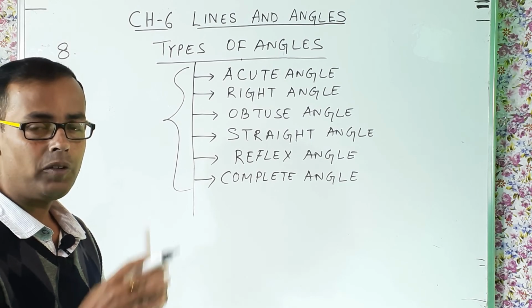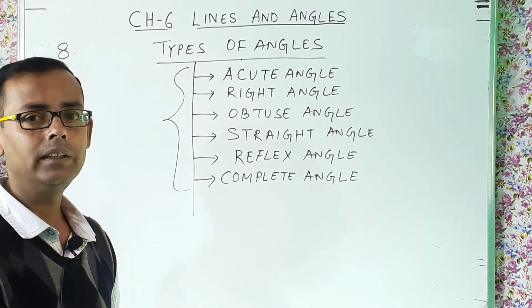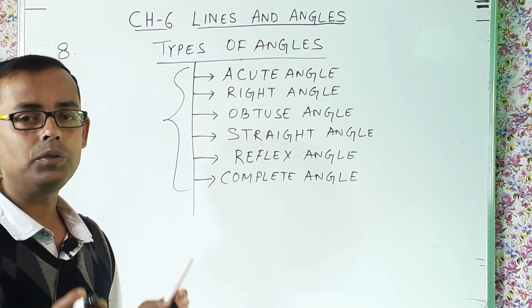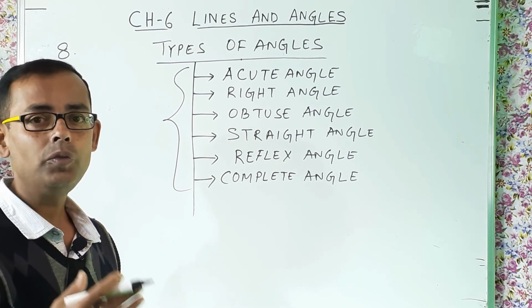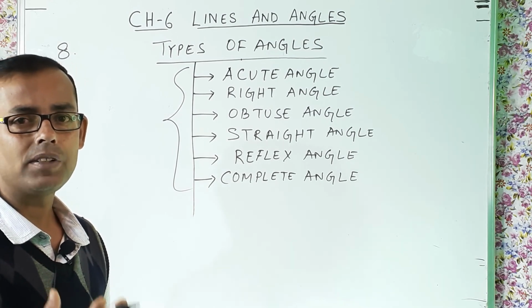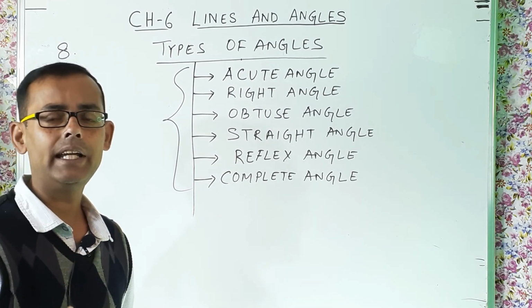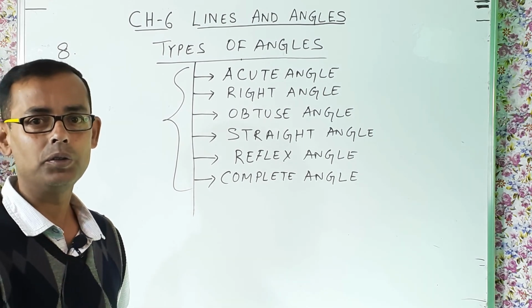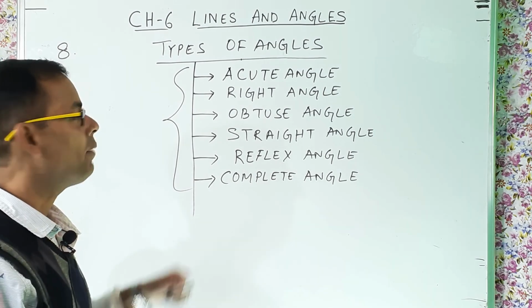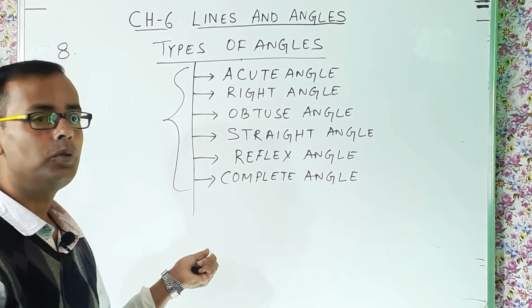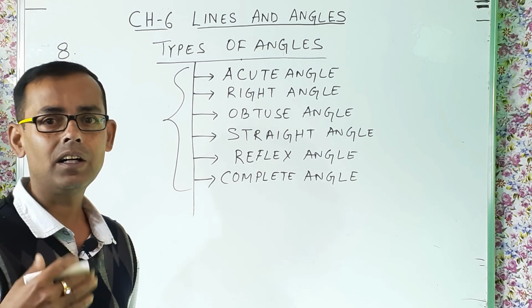Whatever terms we are learning, if you know the definitions, then solving the geometry portion, that is chapter 6, chapter 7, chapter 8, chapter 9 and chapter 10, will be easier for you. So up to this much, I hope you have understood. We will continue with this in the third part.